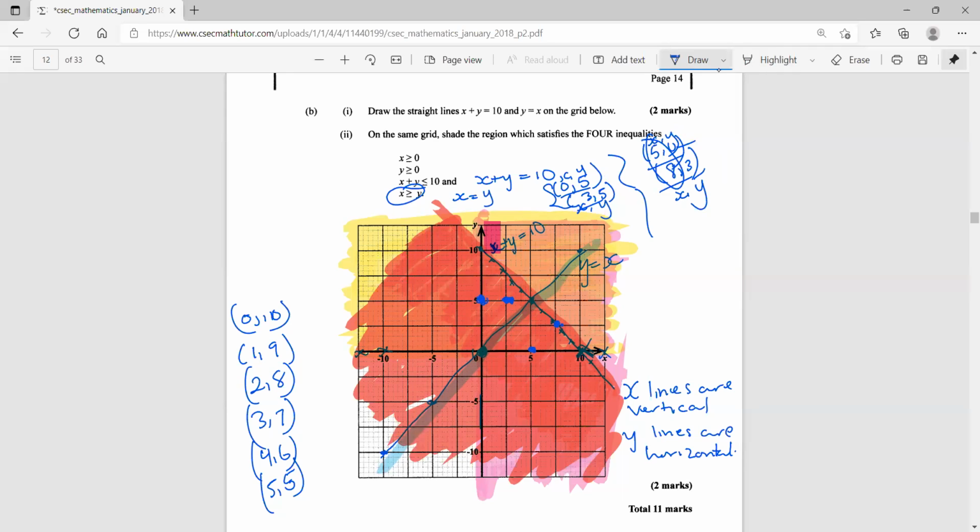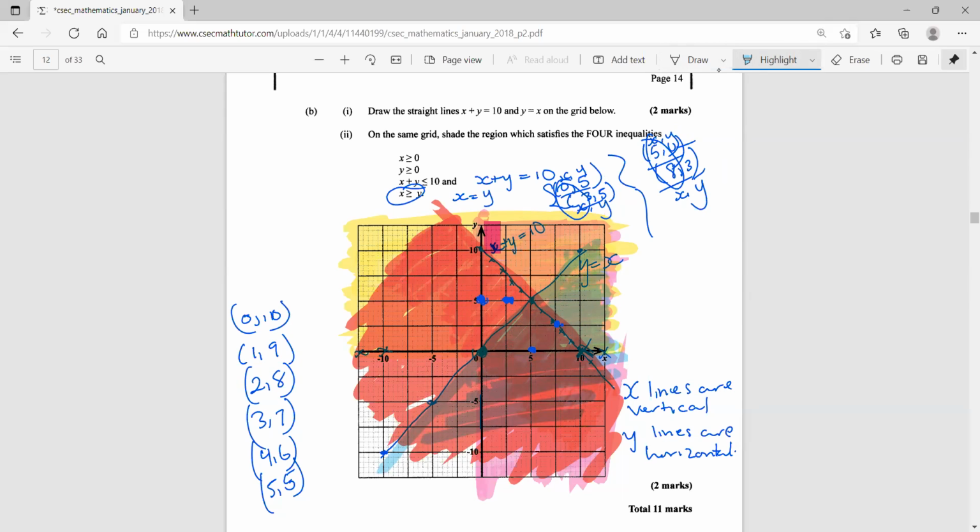But in this one, the X is smaller than our Y. So that's why we're shading this side of the graph. Everybody with me? So all below here.